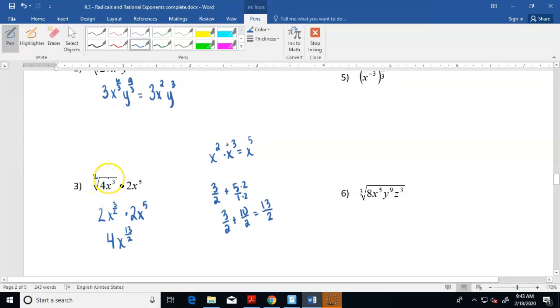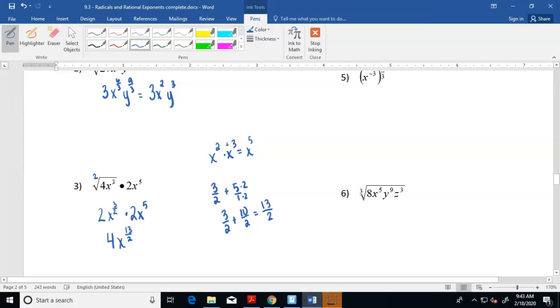Like raising it to the 2nd power, is that what you're thinking? On number 3? No, you don't do anything. You can't change it at all because the only thing you're doing to it is taking that root. You're not squaring it or anything. Like you're not raising this to the 3rd power. Only the x is to the 3rd power.